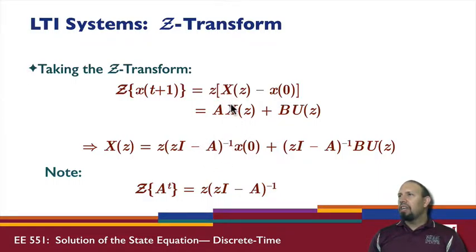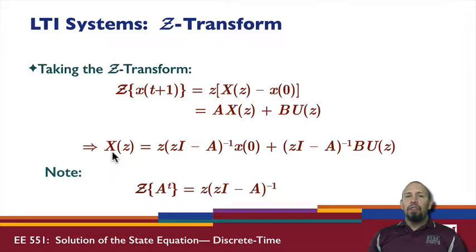I can factor out zI minus A times X of z. Multiplying through by the inverse, I get this expression. Notice I have a z here and an x naught. So I'm going to take this term over to this side, this term over to the other side, solve for X of z, and this is the expression I get. Notice I get zI minus A inverse multiplying both of these terms. This one has a z here because of this.